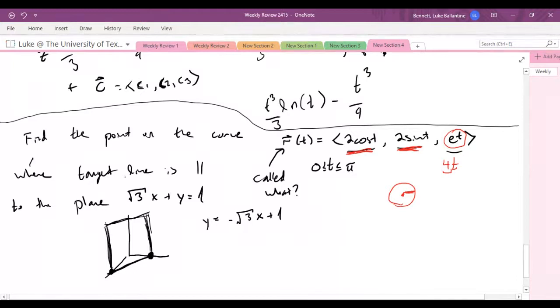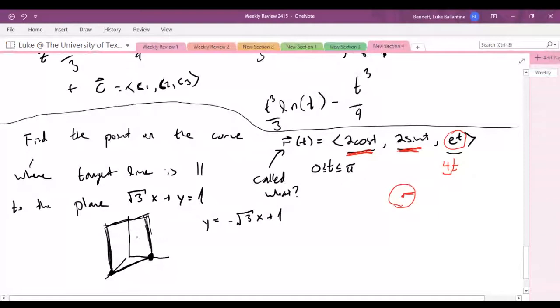So the normal vector to this plane is what? Right, it's a plane, so it has a normal vector.